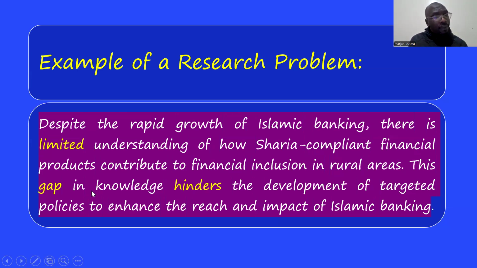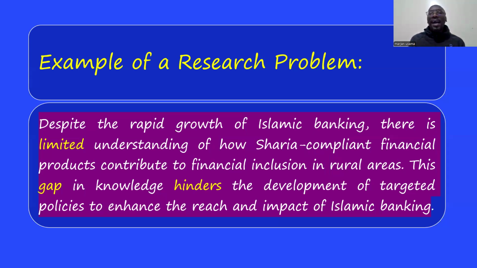This gap in knowledge hinders the development of targeted policies to enhance the reach and impact of Islamic banking. This is just a very short paragraph, but if you read it, it is a very well formulated research problem.